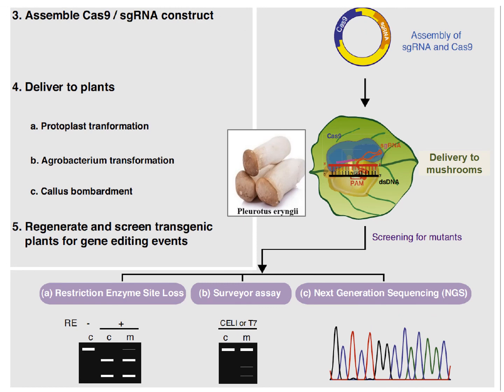Third, assemble the Cas9 and guide RNA construct. Fourth, deliver to mushroom: protoplast transformation, agrobacterium transformation, callus bombardment.